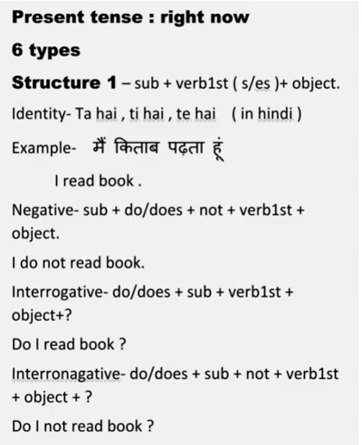Got it? After that we have interrogative. Interrogative means question, when we are asking something, just like क्या मैं किताब पढ़ता हूँ. Always remember that whenever we make an interrogative sentence, it will always have the helping verb before the subject.